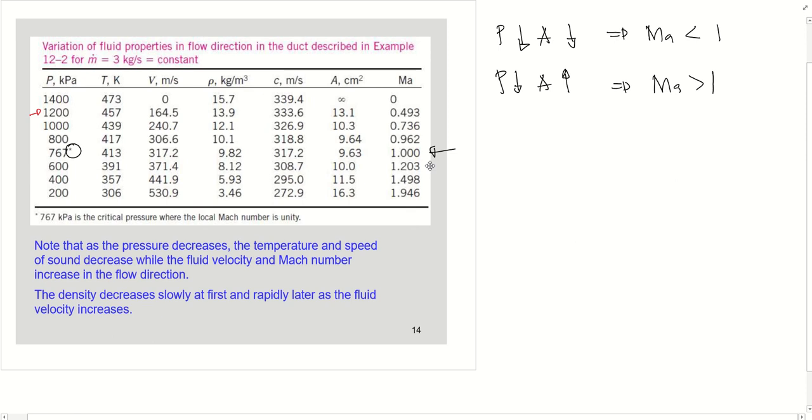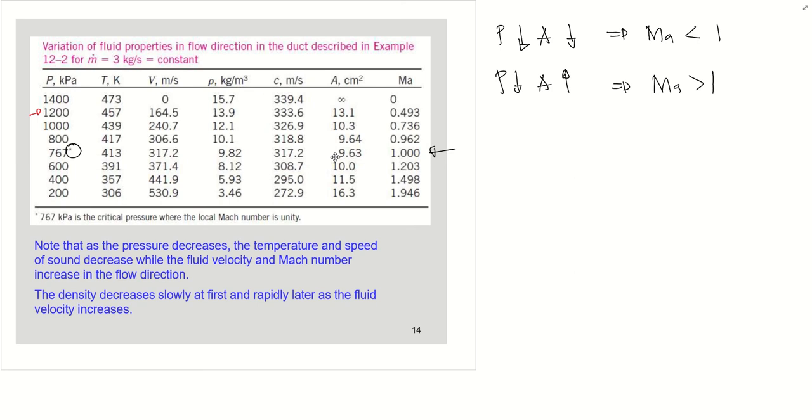So at Mach number equal to 1, the area goes from decreasing to increasing.